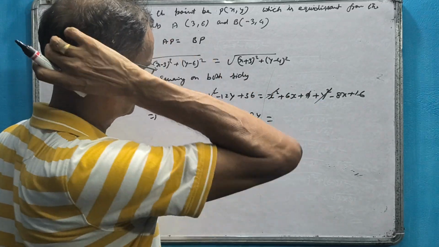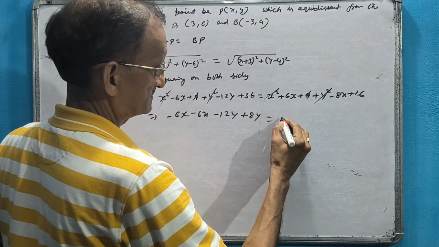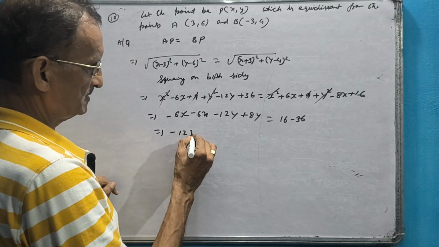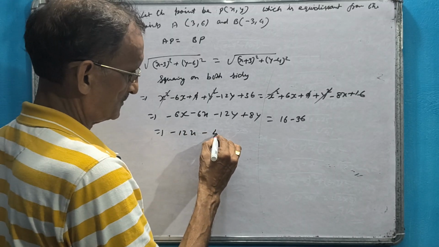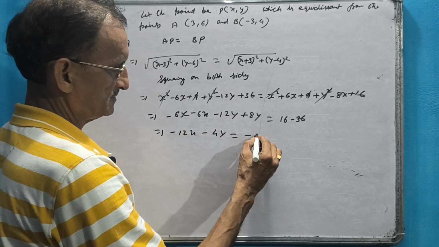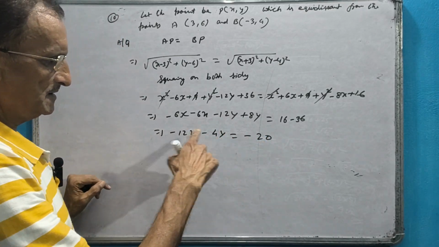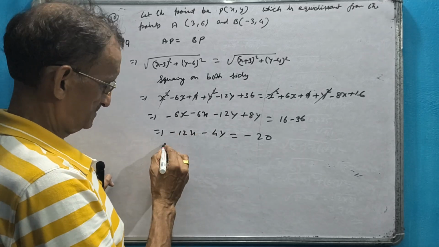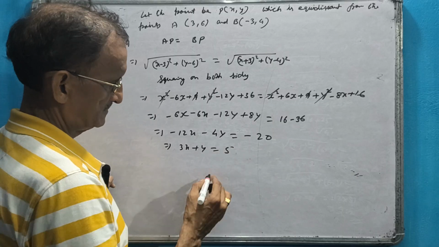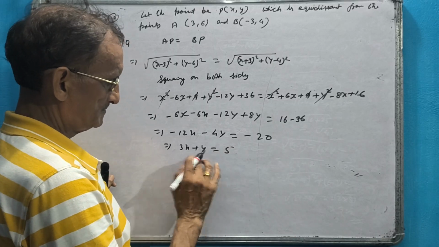What is left here? 16 minus 36. So minus 12x minus 4y, no, minus 12y plus 8y, minus 4y is equal to how much? Equal to minus 20. Can we divide this by minus 4 on both sides? So 3x plus y equals 5. This is the required relation between x and y.